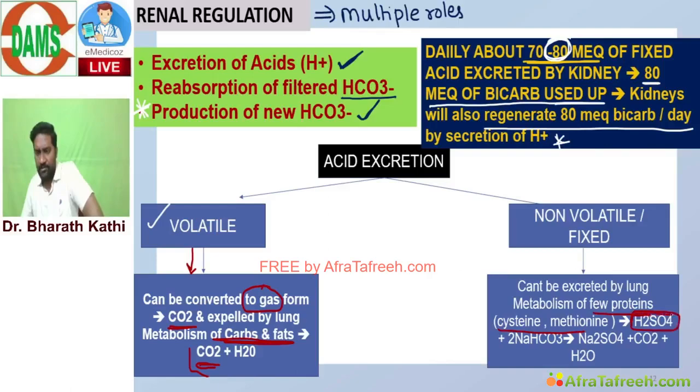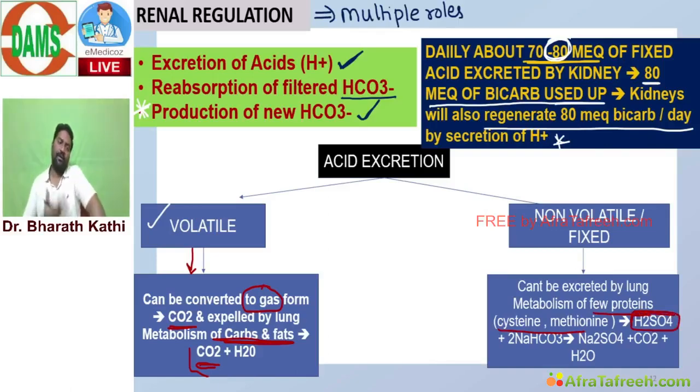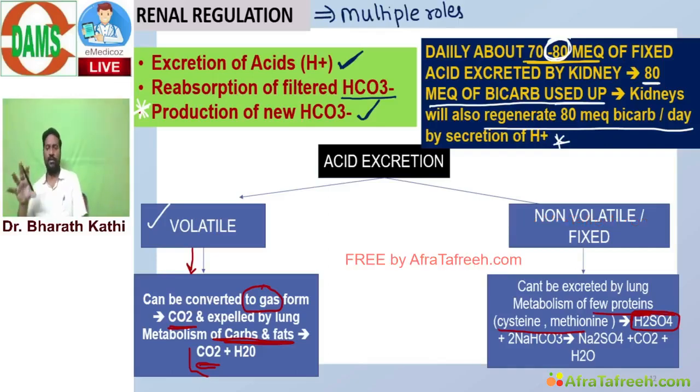Now this H2SO4 cannot be excreted directly by your lung, because carbohydrates and fats give rise to CO2 and H2O ultimately, but here these are not giving rise to CO2. They are giving rise to acids such as H2SO4.